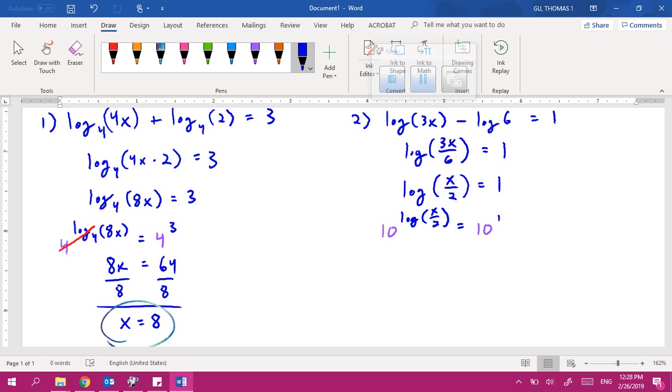Okay, so what would my next step say? x over 2, and 10 to the first is 10. The first power doesn't change anything, remember? So x over 2 equals 10. That's right. Then we've got one more step here. What do we do? Times 2 on both sides. So your final answer is x equals 20. That is correct.